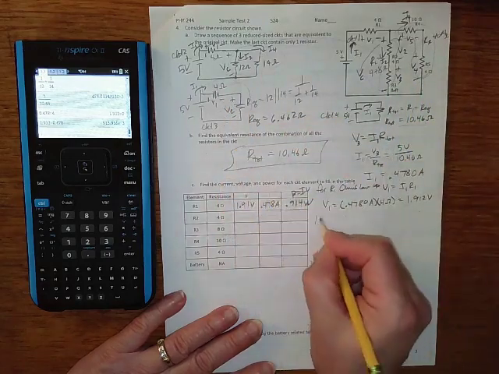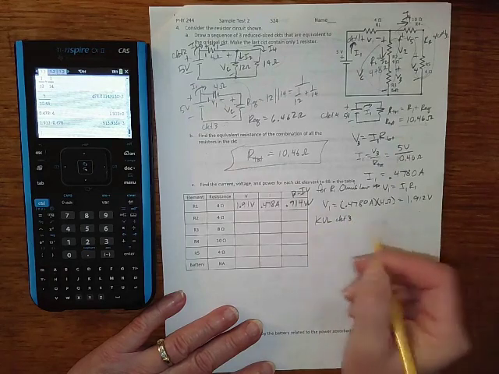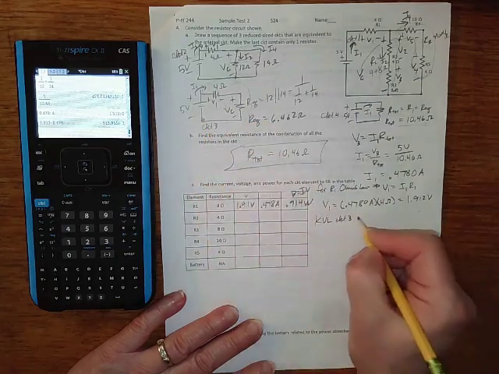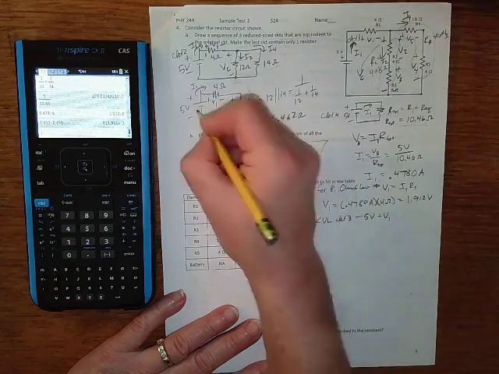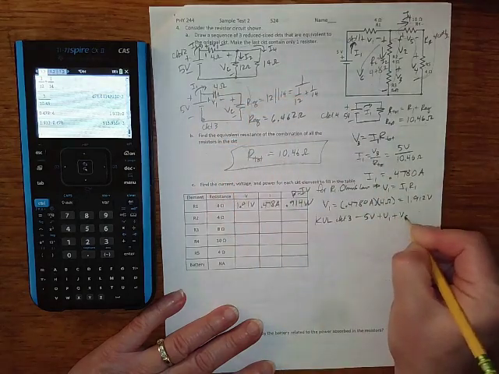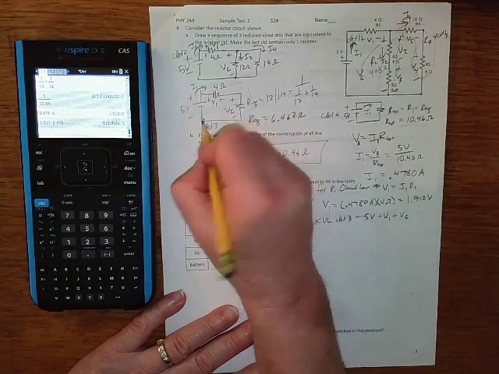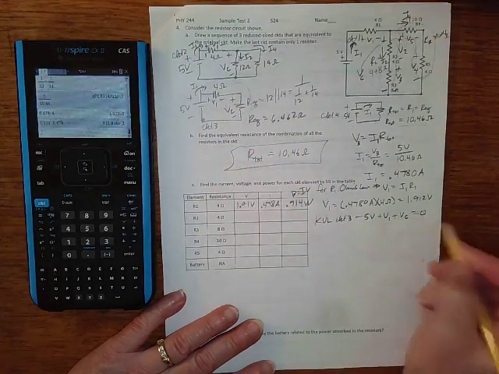So let's do KVL for circuit 3. All right, and so start at this bottom corner here. We'll have negative 5 volts plus V1 plus VC, coming into the pluses, walking around here. We walked all the way around, got back to the start, and so it equals 0.